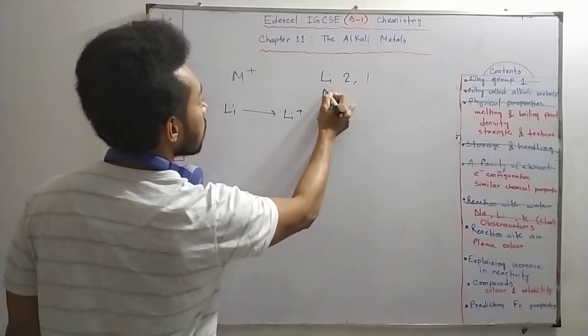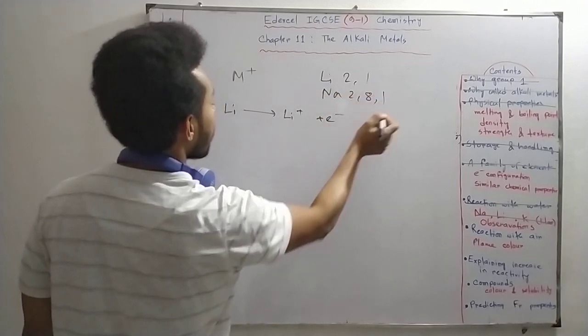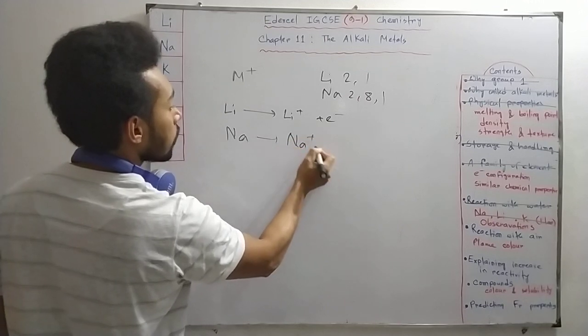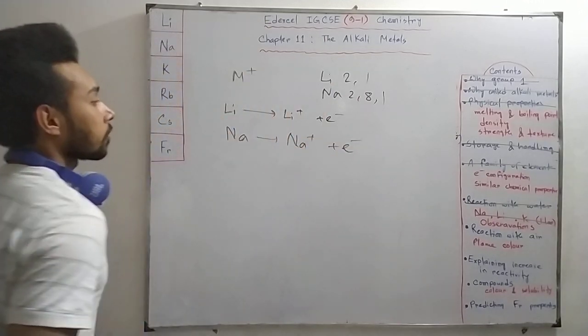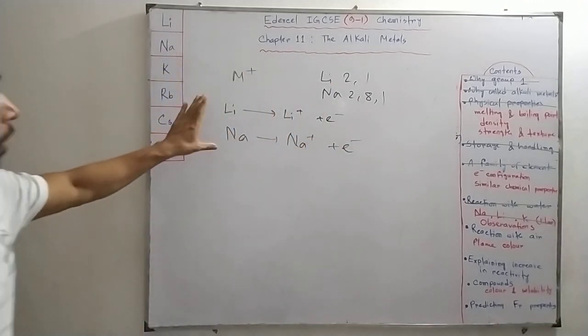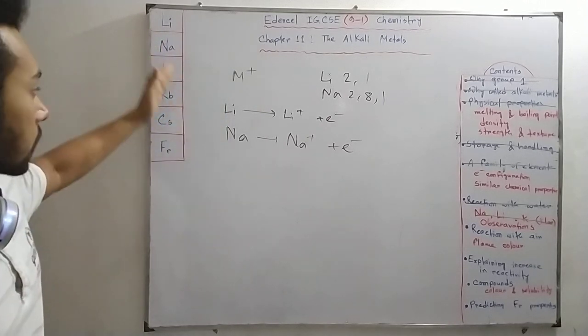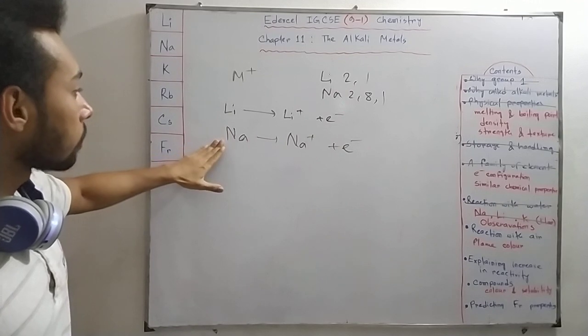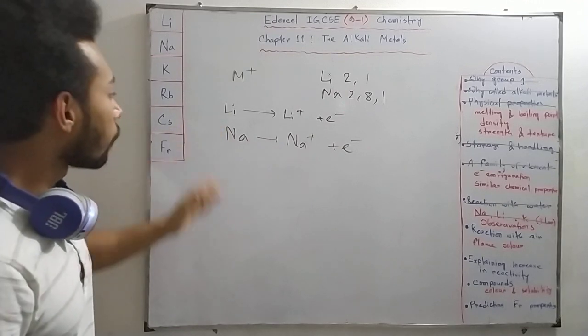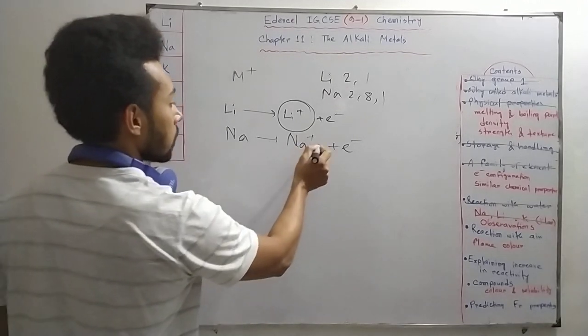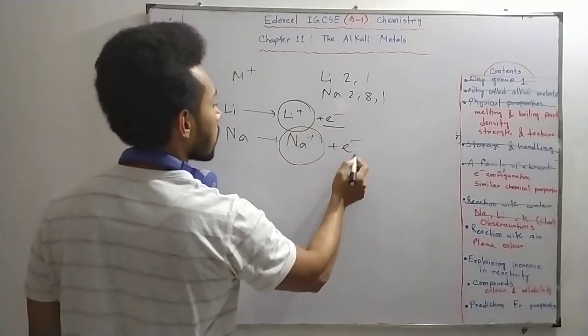Lithium 2,1, sodium 2,8,1. Okay, for sodium, ion plus electron. Look at these. All these elements, for example lithium, sodium, form an ion with 1+ charge by losing their outer electron.